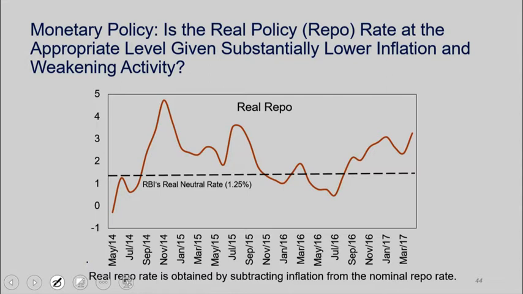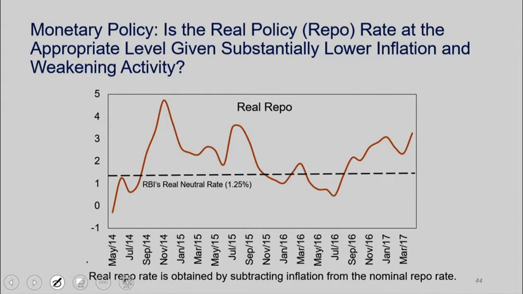Remember, one way of thinking about this is, supposing there is a kind of neutral real policy rate, that's the rate at which the economy is in equilibrium. Let's say inflation is 4.5, you're happy with it, growth is whatever, 7.5, close to your potential.